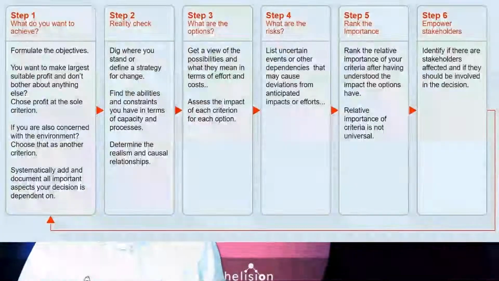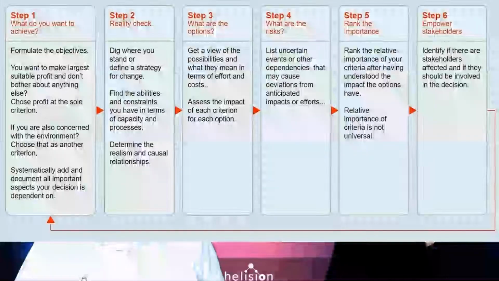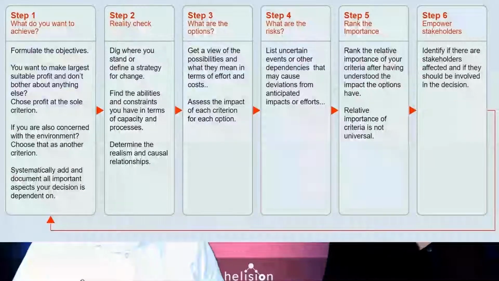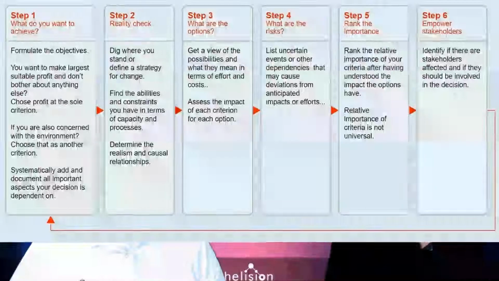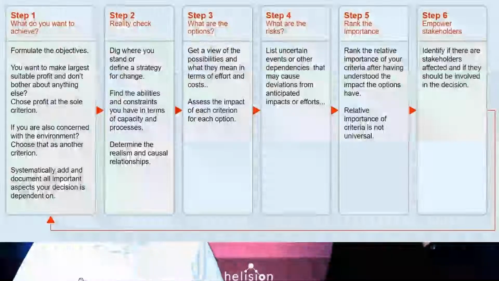Well, the 6 steps were really, we start broadly by framing the objective with the decision we are going to take. Once we've done that, we need to do some sort of reality check and see what alternatives realistically we have. Then we will look into who is going to be involved in the decision and so on.